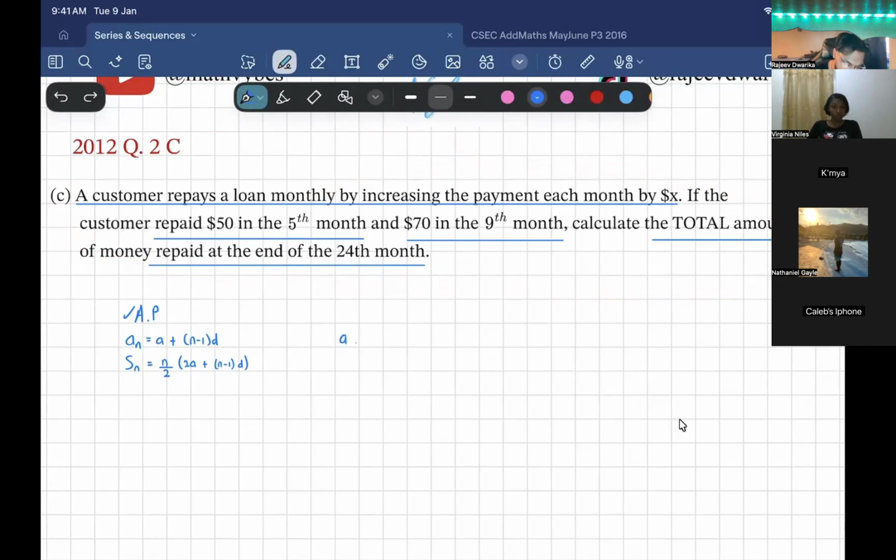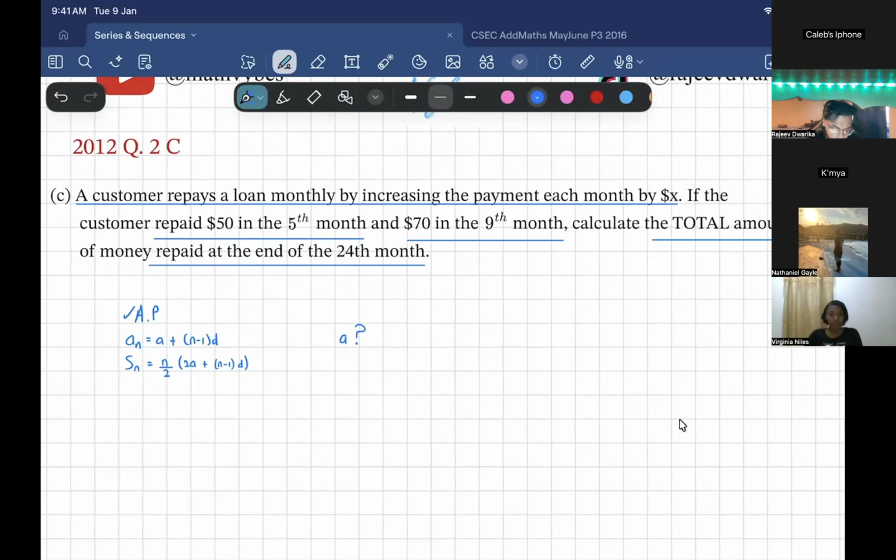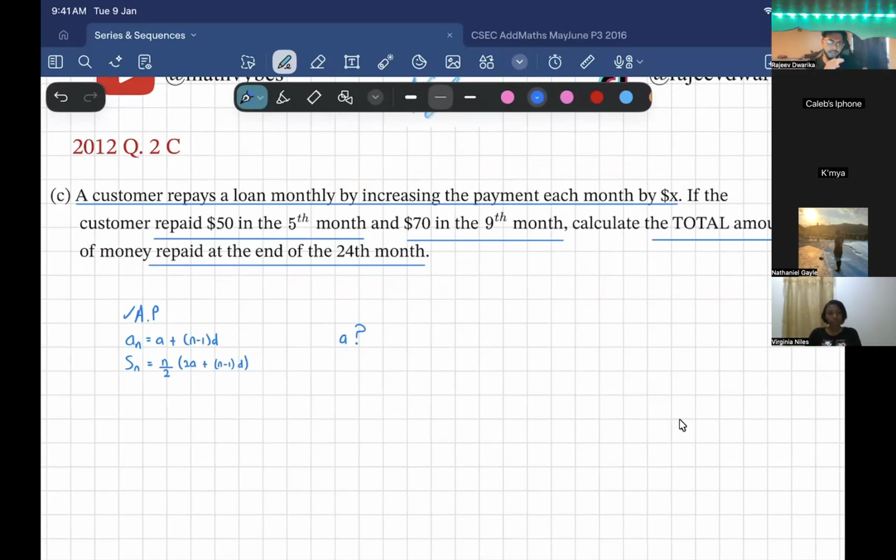What else do we need to know for an AP? We need the first term and we also need the what? If you forget, look at the formula. The formula has A, which is the first term, and it also has the difference. So you need the difference. Did it ever tell us what the difference was?